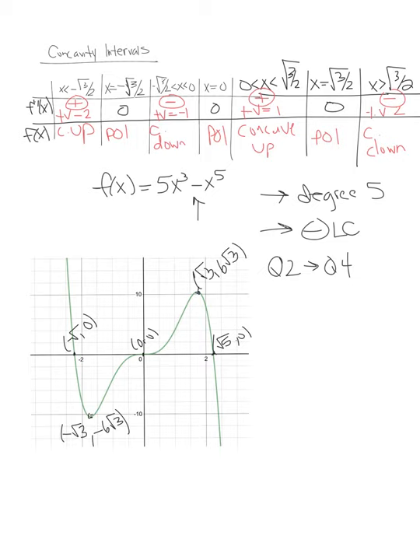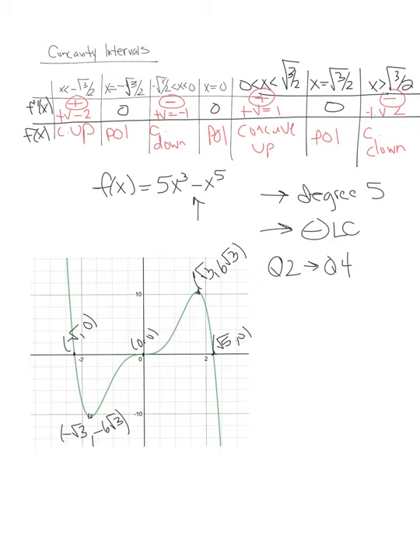So this local min, this local max, and that 0, 0, that point of inflection that we found. So what I wanted to show you is that this point of inflection is very obvious. We can see that it's increasing the entire time, but we can very easily see where it changes from concave down to concave up. It's not always going to look so obvious on our graph.